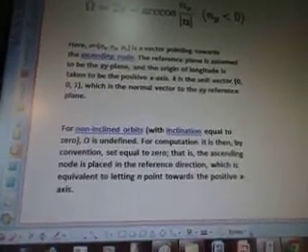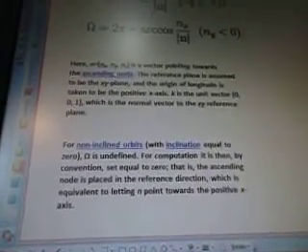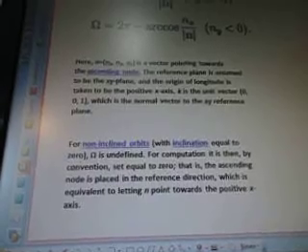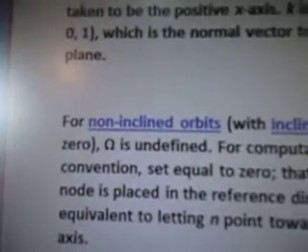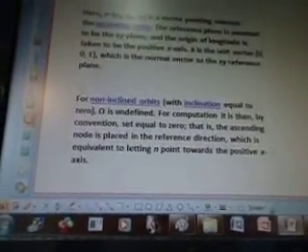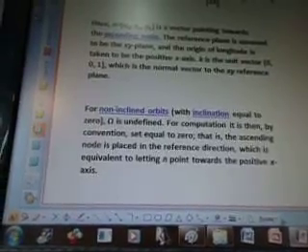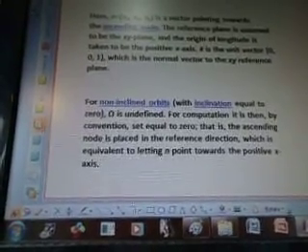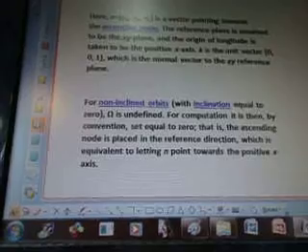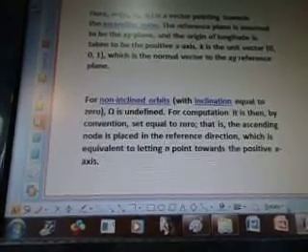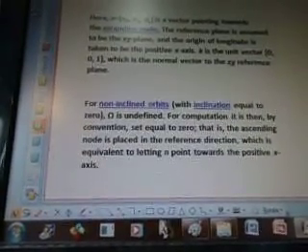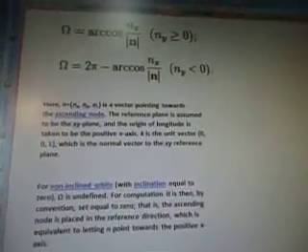For non-inclined orbits, with inclination equal to 0, the longitude of the ascending node is undefined. For computation, it is then, by convention, set equal to 0. That is, the ascending node is placed in the reference direction, which is equivalent to letting n point towards the positive x-axis. Okay, so we'll go on to the next video to find out more what this means.